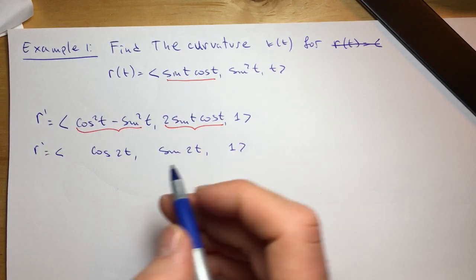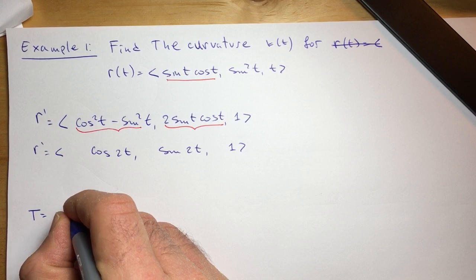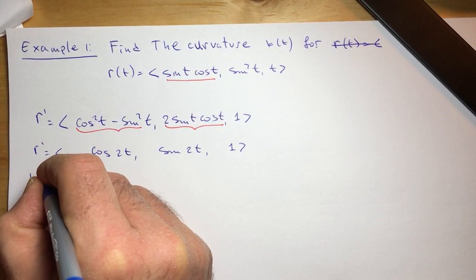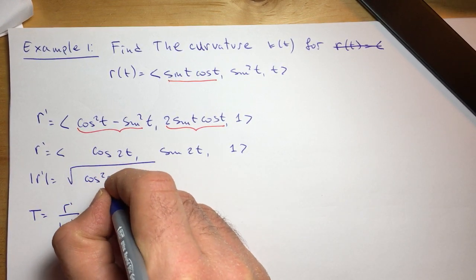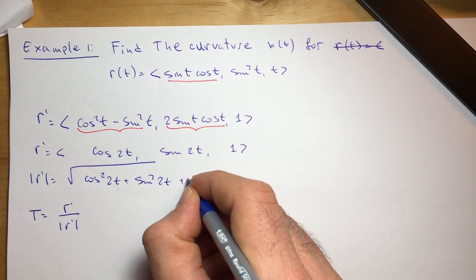Okay, now let's find the magnitude of r prime. Why? Because T is equal to r prime over the magnitude of r prime. So I need to find the magnitude of r prime. That's the square root of cosine squared of 2t plus sine squared of 2t plus 1 squared.